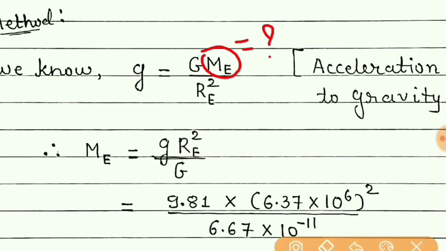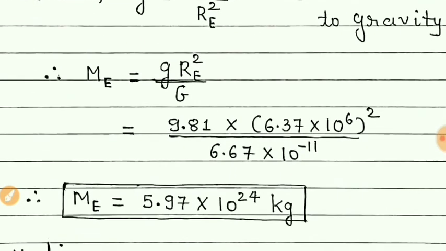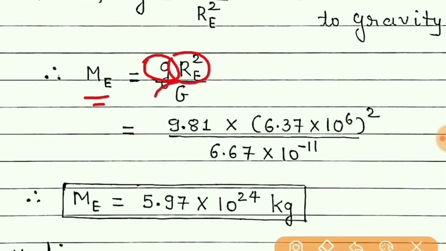So if we make this the subject Me, this Re square will move upward and this g will come in the denominator. So we get Me is equal to g, that is small g, Re square upon capital G.